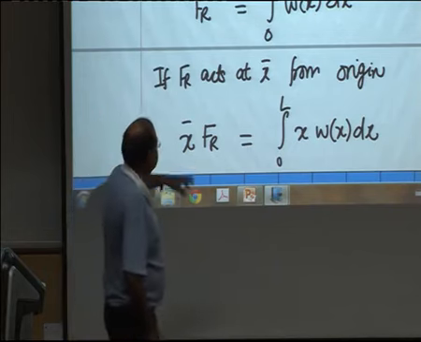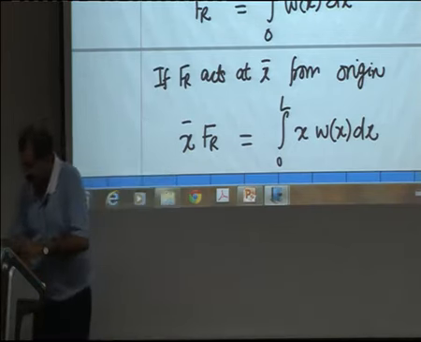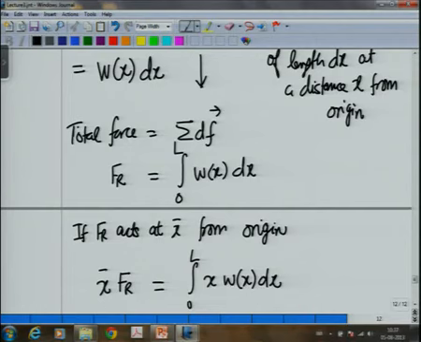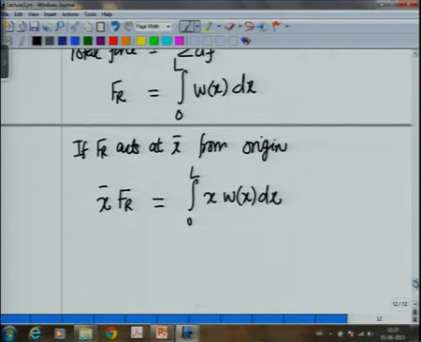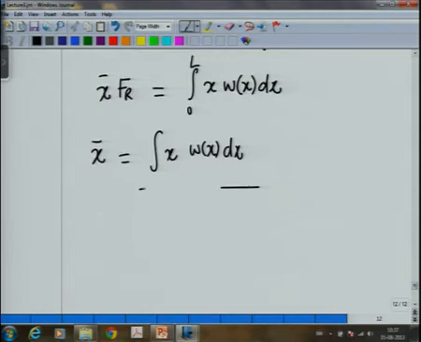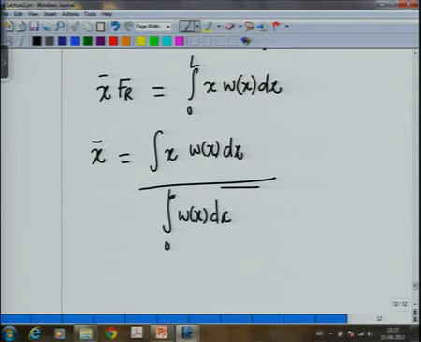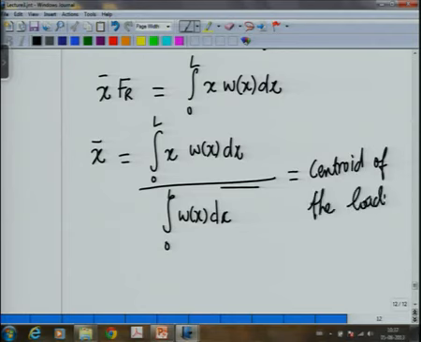So from here what we see is x bar is equal to the integral of x W of x dx divided by the integral of W of x dx, and by definition this is nothing but the centroid of the loading area.